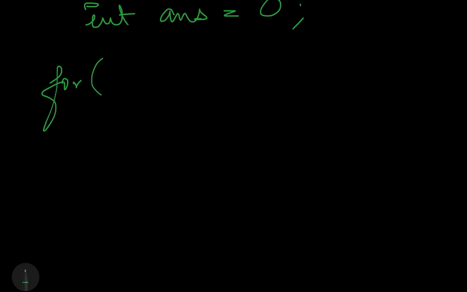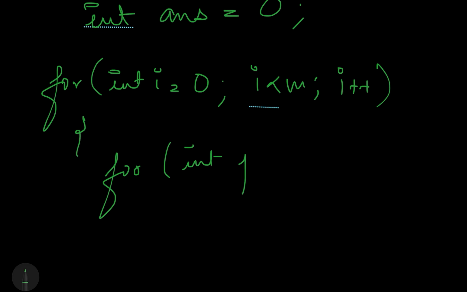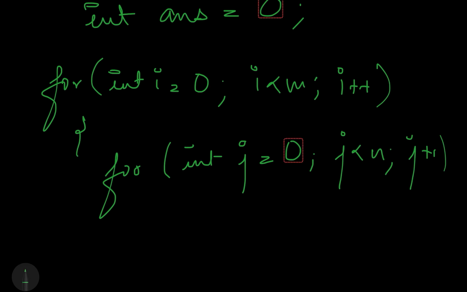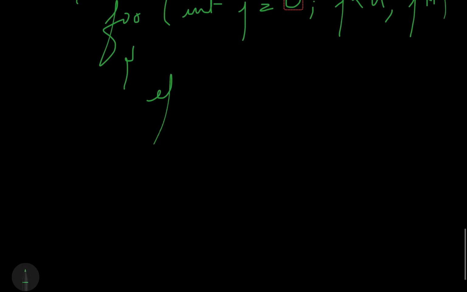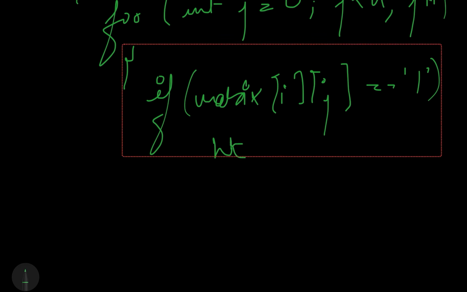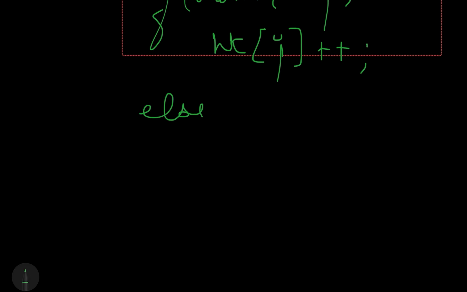So we'll traverse the matrix: int i equal to 0, i less than m, i plus plus, for int j equal to 0, j less than n, j plus plus, and if our matrix of i and j is 1, then we'll simply increase our height, else our height would be 0.